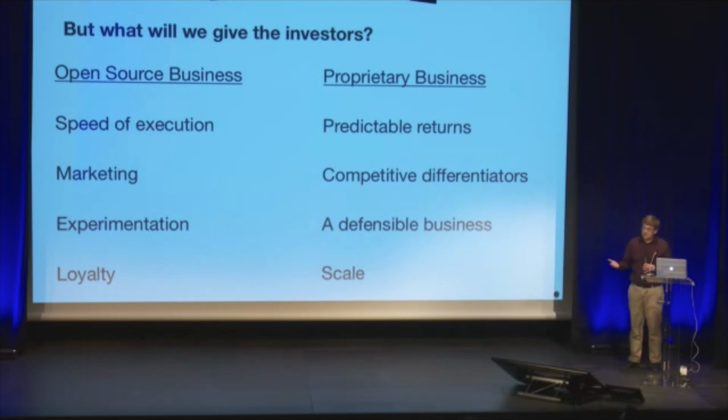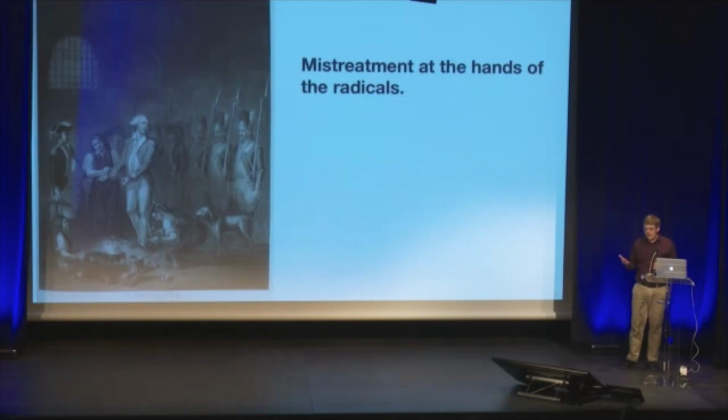But investors also look at proprietary businesses where they can get predictable returns by leveraging competitive differentiators and to create defensible businesses. And they can get returns on a scale that's hard to do in an open source business. So we have to look at how we provide that.